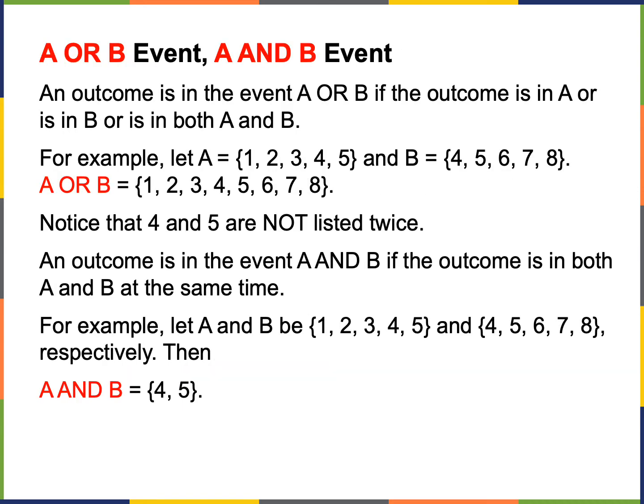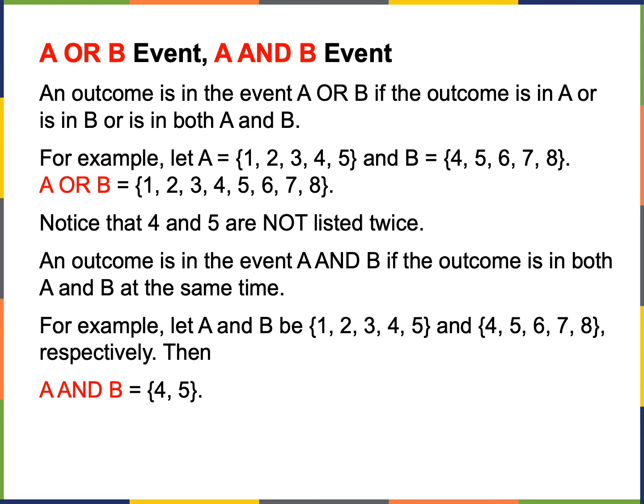So let's continue. Okay, so we have 2 types of events. We have A or B and A and B. Sometimes the "or" is depicted by a U. So when you say A or B, it's also written as A union B. This is a U. Okay, this is like set theory.